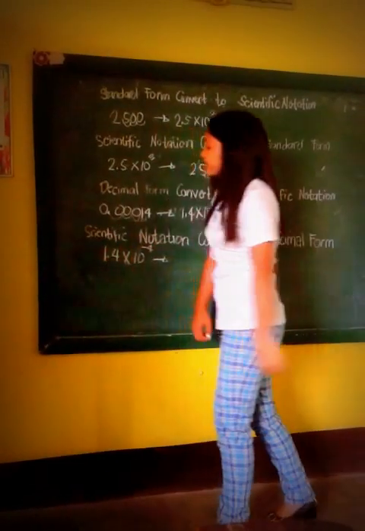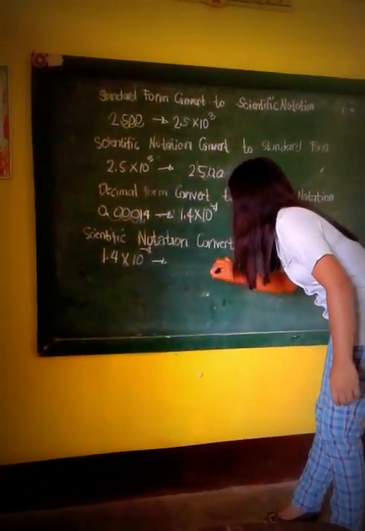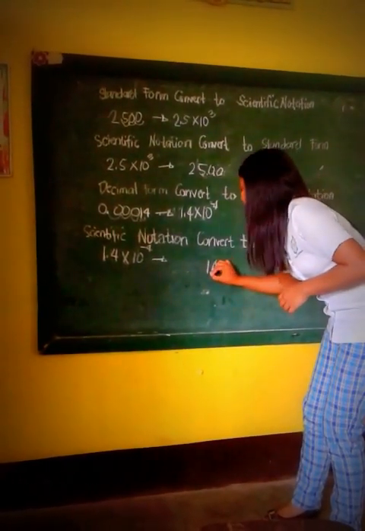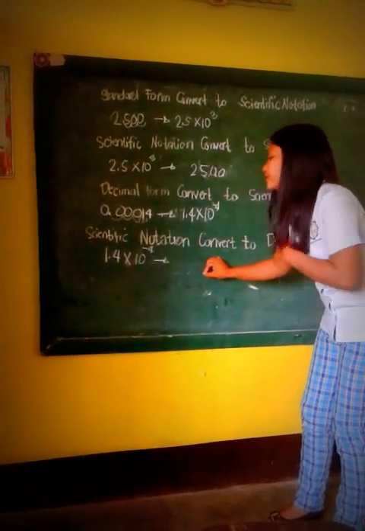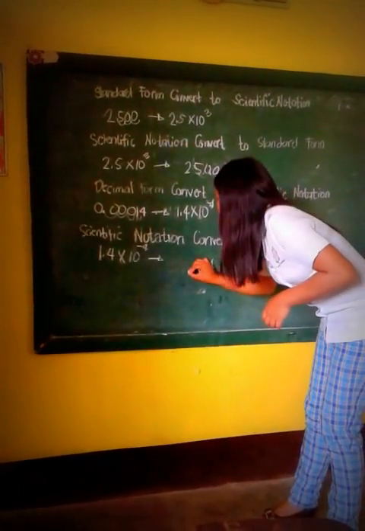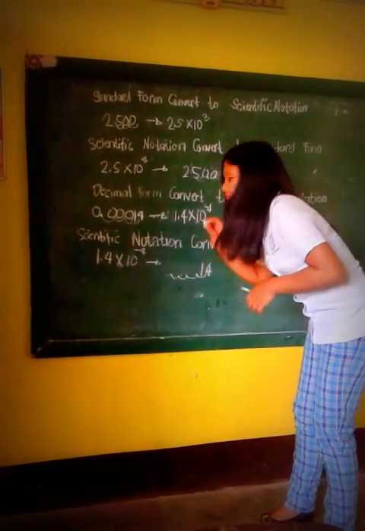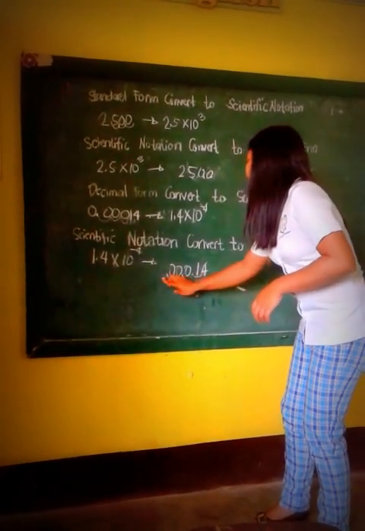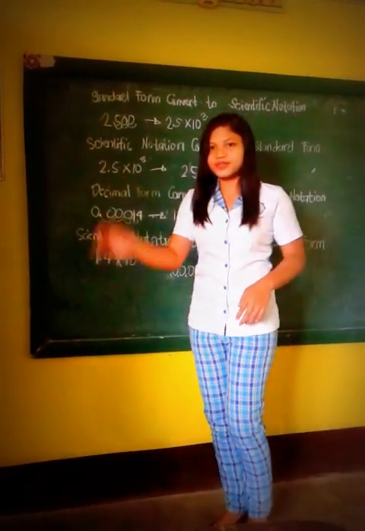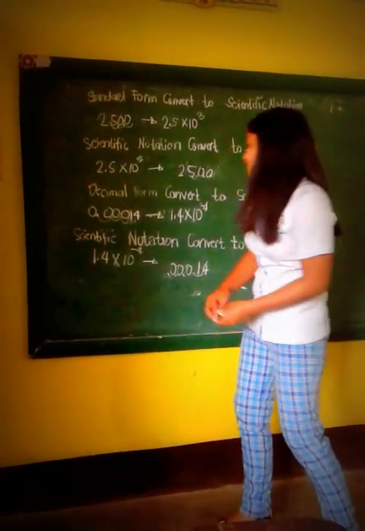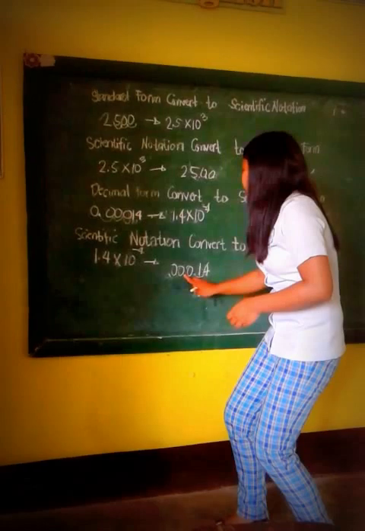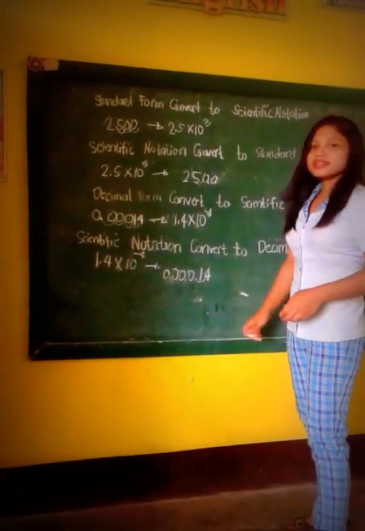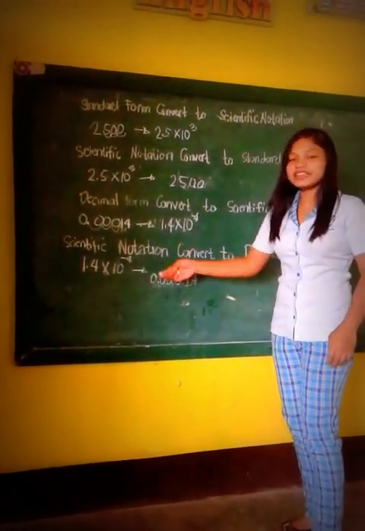In the left side. So you have here a 4 and 1. So this here is the point. So you must move it to the left side. 1, 2, 3, 4. Then you add a 0. 1, 2, 3. Only 3 zeros that you will add. And then you will put here a point, then a 0. So now this is the decimal form of the scientific notation.